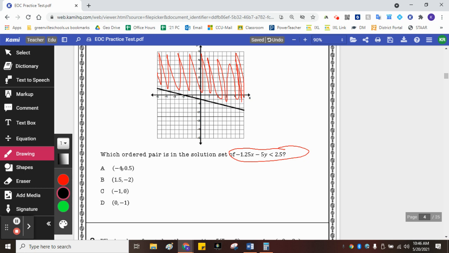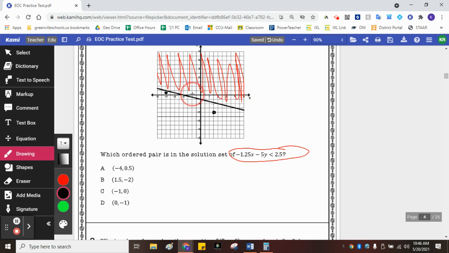So we have negative 4.5, negative 4.5 right here. 1.5, 1.5, negative 2, 1, 2. Oh, it's counting by half. Negative 2 is down here. Negative 1, 0.